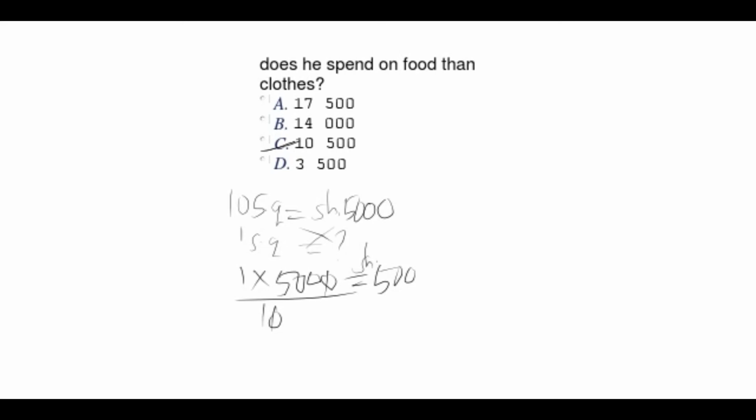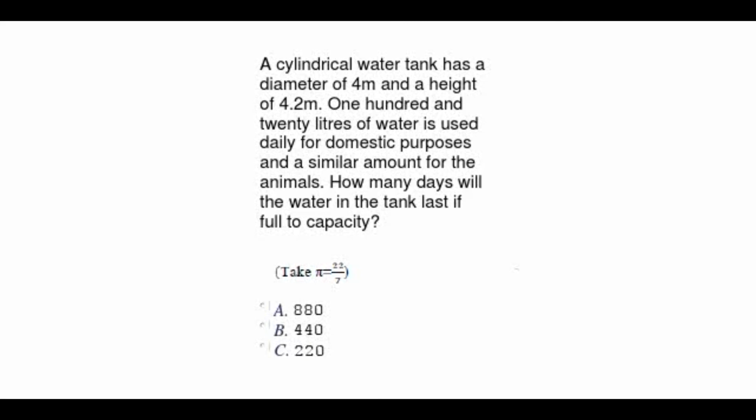A cylindrical water tank has a diameter of 4 meters and a height of 4.2 meters. 120 liters of water is used daily for domestic purposes and a similar amount for the animals. How many days will the water in the tank last if full to capacity?